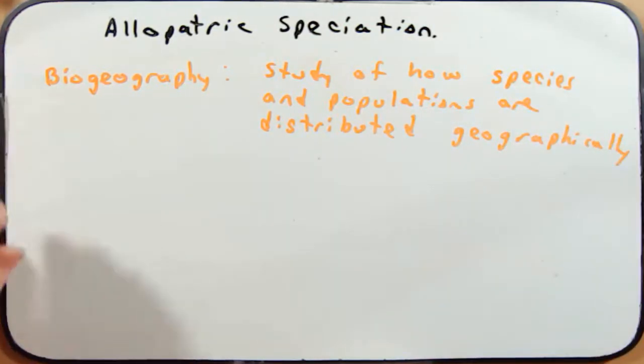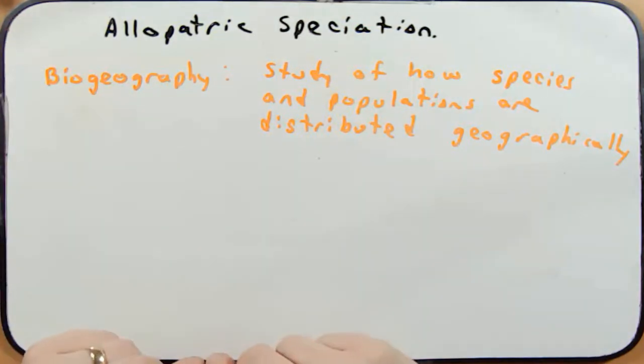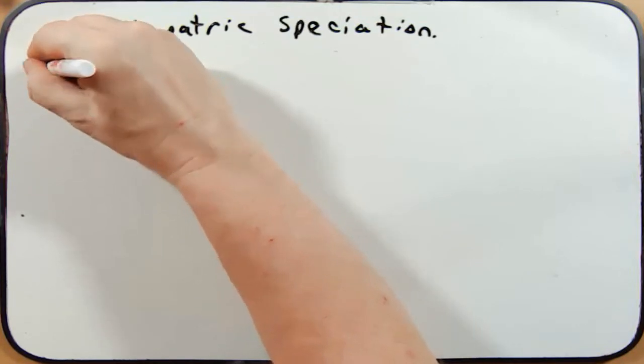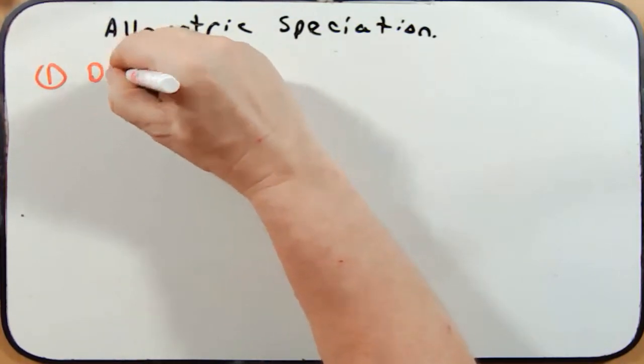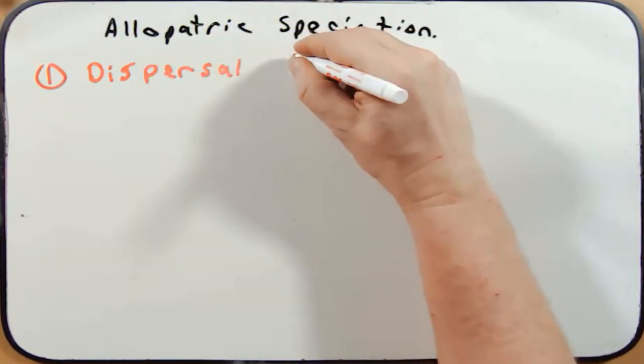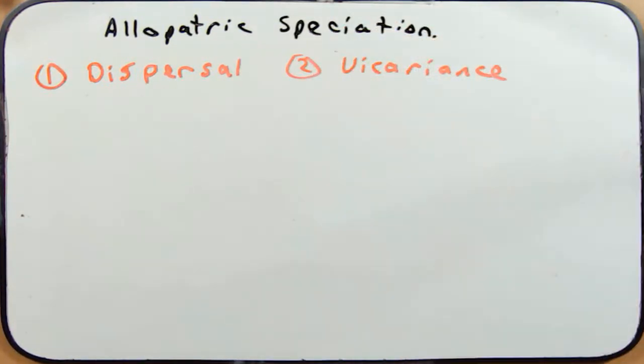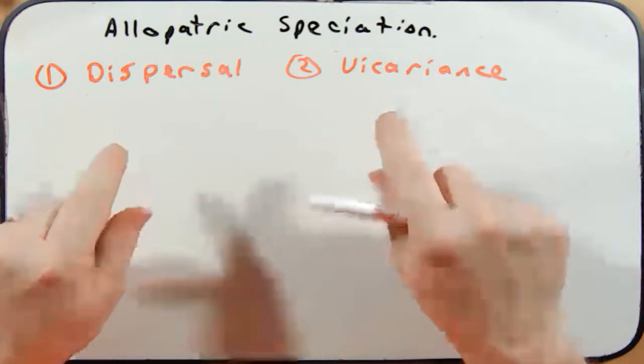This field of science is particularly interested in studying allopatric speciation. Now, there are two types of allopatric speciation pathways, and the first is called dispersal, and the second is called vicariance. I want to spend a little bit of time talking about each of these pathways.